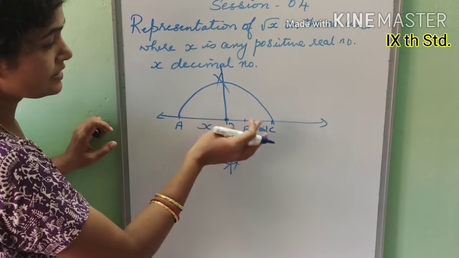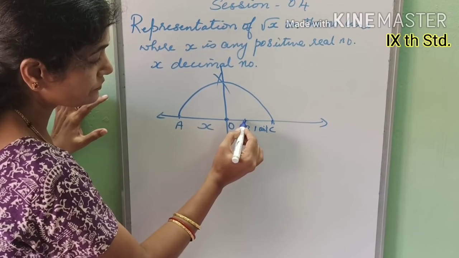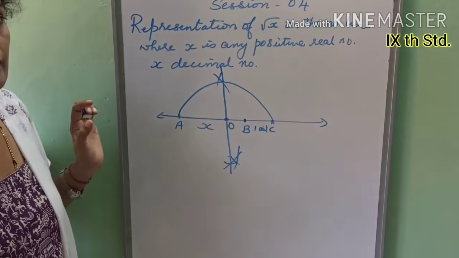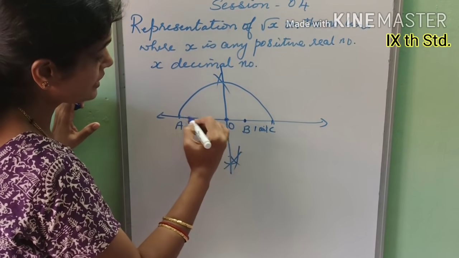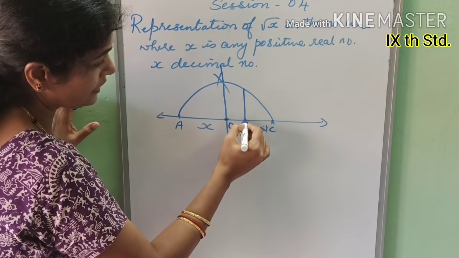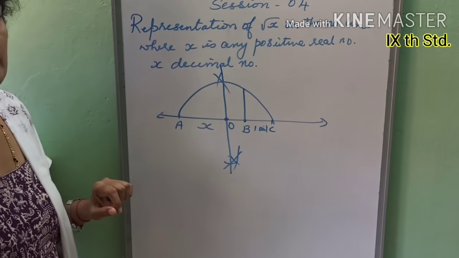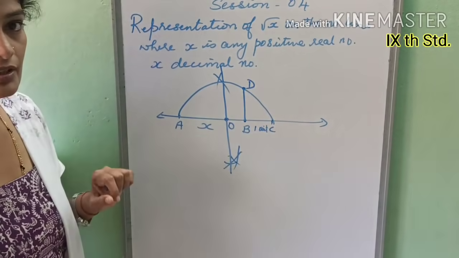Okay, this is a semicircle you have drawn. Now, at B, draw a perpendicular such that it intersects this semicircle. So that is D. Okay.